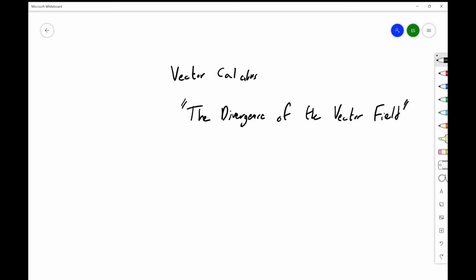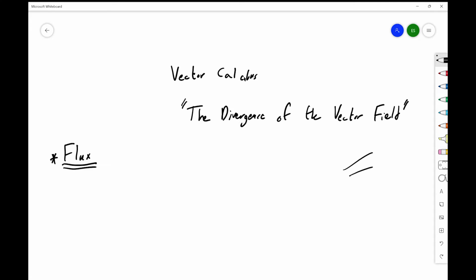Before we talk about the divergence, we want to introduce the idea of flux. So what is flux? Remember when we talked about integrating a field over an area?